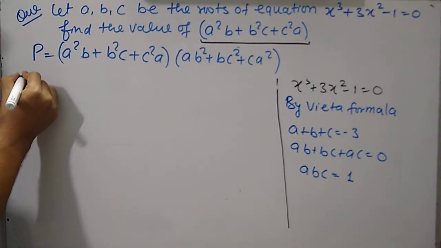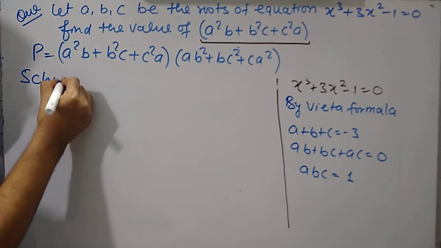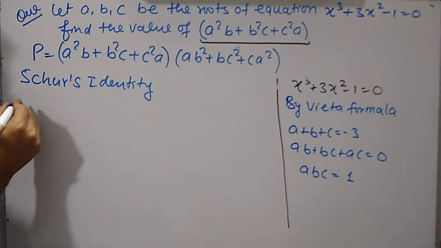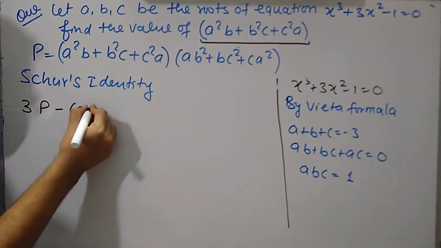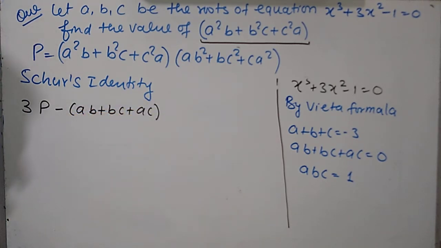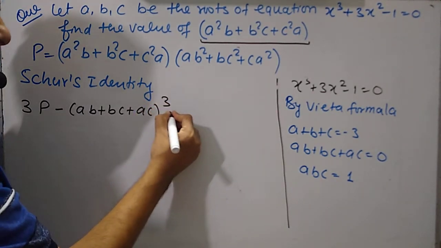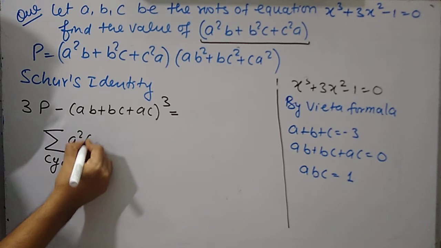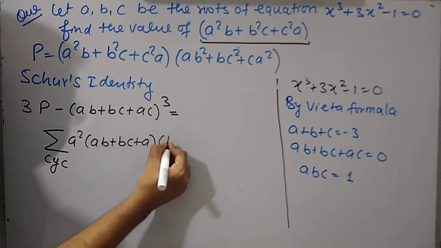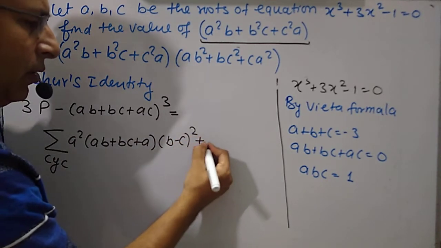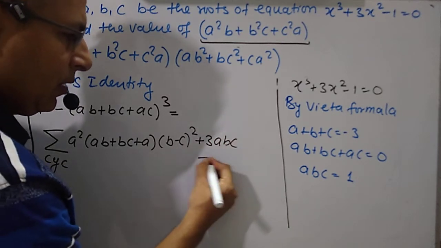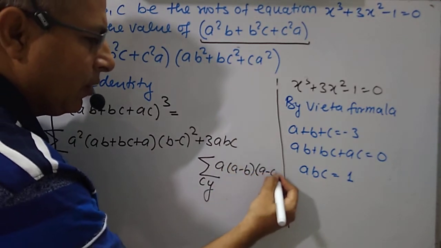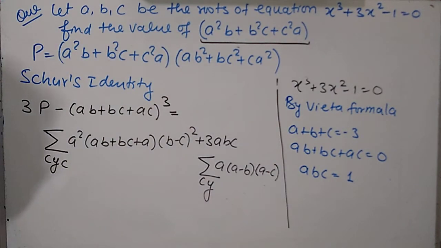So here we use Sue's identity, and the identity is 3 multiplied by (P minus (ab plus bc plus ac) whole cube) is equal to cyclic summation of a square (ab plus bc plus ac) times (b minus c) whole square, plus thrice abc into cyclic sum of a times (a minus b) into (a minus c). So this is Sue's identity.